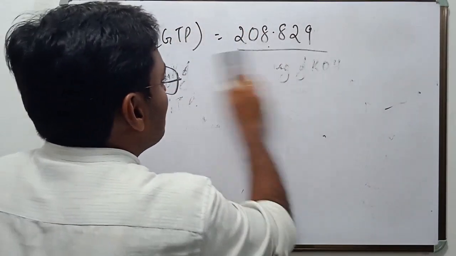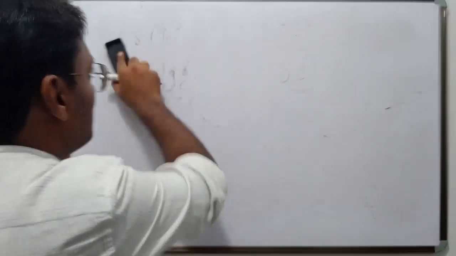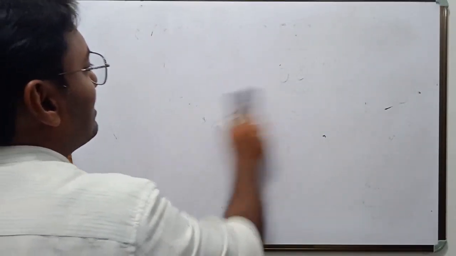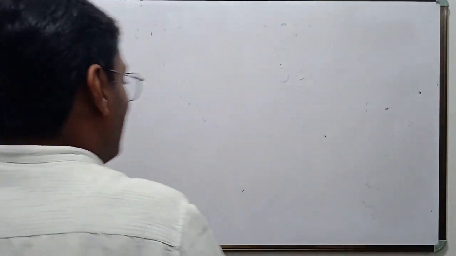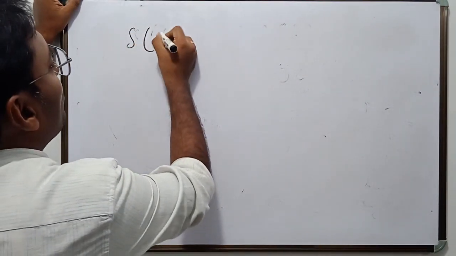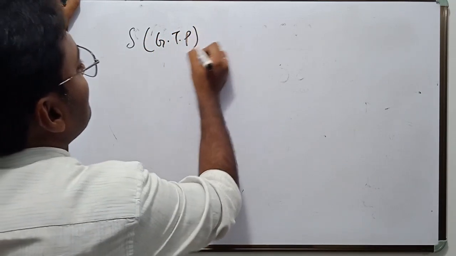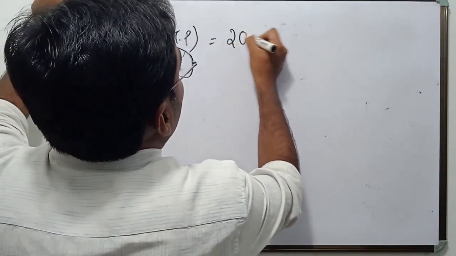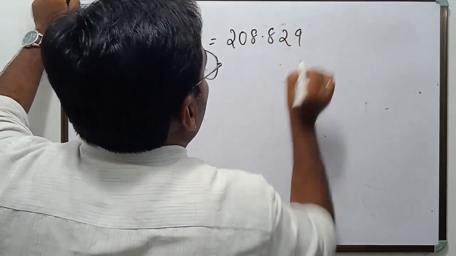The third advantage, what is the third advantage? You can know about adulteration. How do you know about adulteration? See, the saponification value of glyceryl tripalmitate, as we have discussed, is 208.829. Fine.